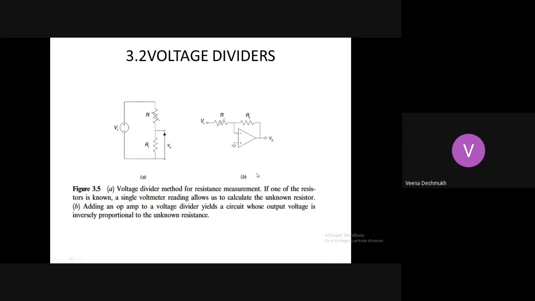Similarly, if I want direct proportional results, I can use the same voltage divider network with the non-inverting mode, so that whatever increase is depicted in the output as well in the same direction.